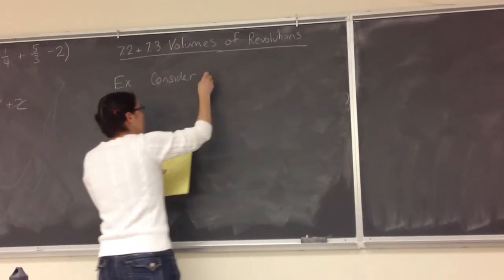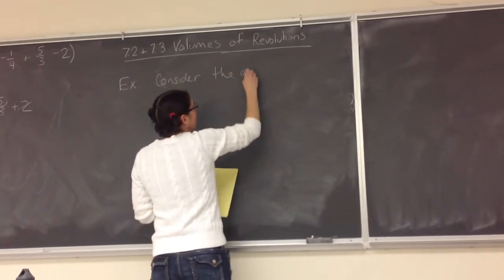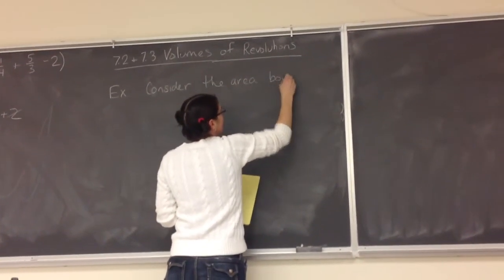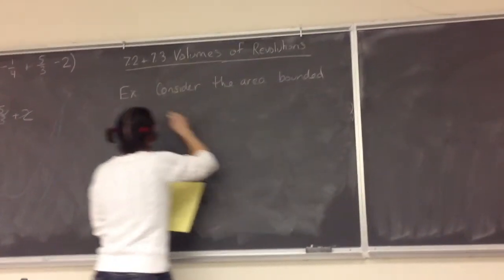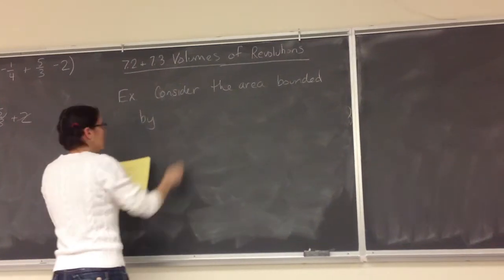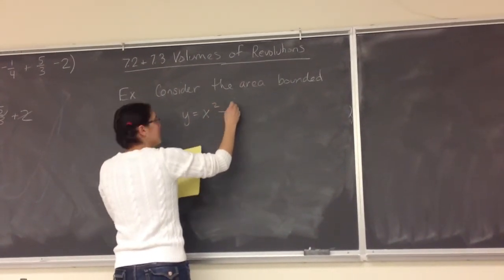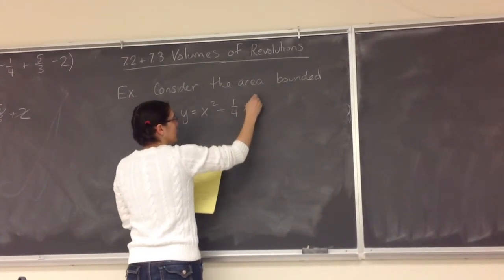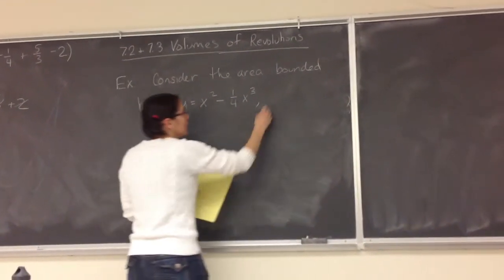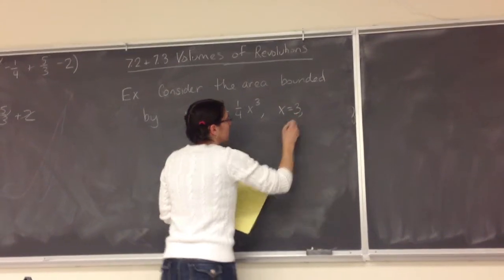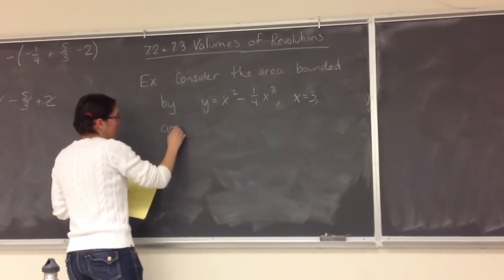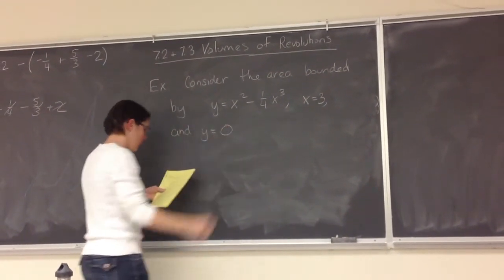So consider the area bounded by the equations y is equal to x squared minus 1/4 x cubed, x is equal to 3, and y is equal to 0.